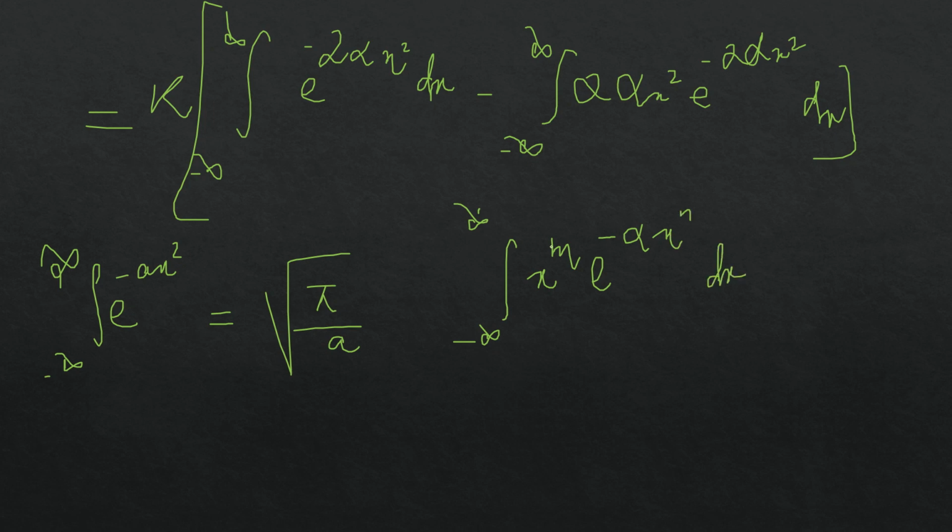How can you remember it? First comes m, n, so m then n is equal to 1 by n factorial gamma function of m plus 1 by n, divided by alpha to the power m plus 1 by n. These formulas you have to remember.